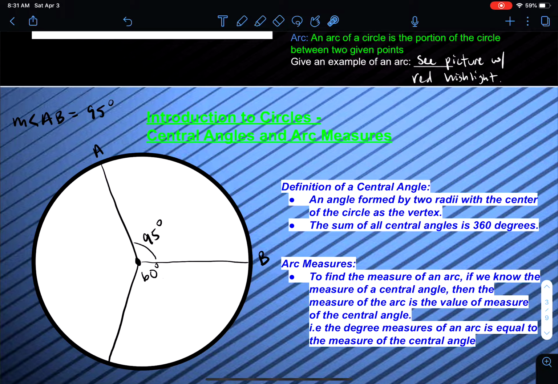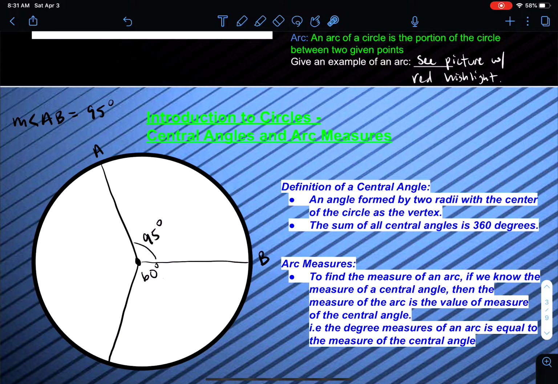Now, here's our central angle because it is joined with a point on the center, and here is our angle that I'm highlighting. Let me just, okay, there we go. So if I highlight this, that is a central angle because of this point. Now, the sum of all central angles is 360 degrees.